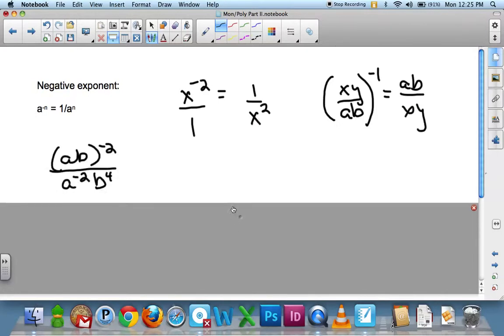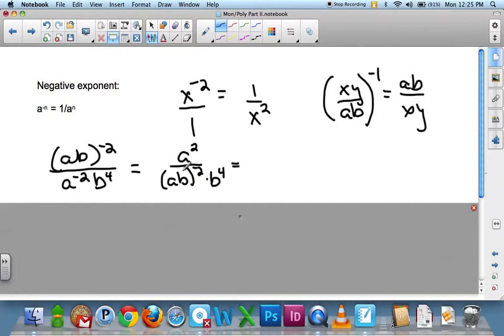Next one. So here we've got this AB raised to the negative 2nd power. So this means it's going to be moving down to the denominator. This a squared that's in the denominator is going to move to the numerator. So let's deal with those particular variables first.